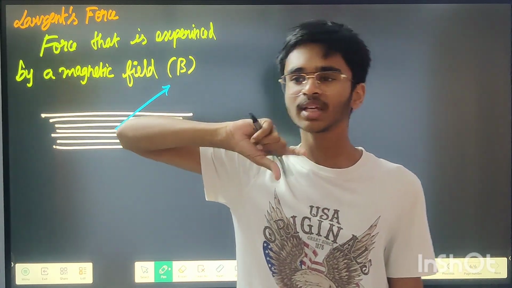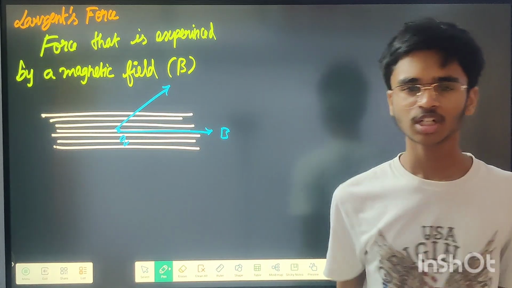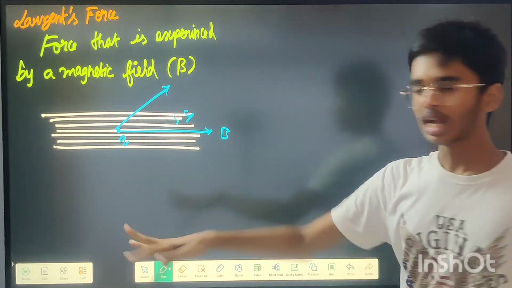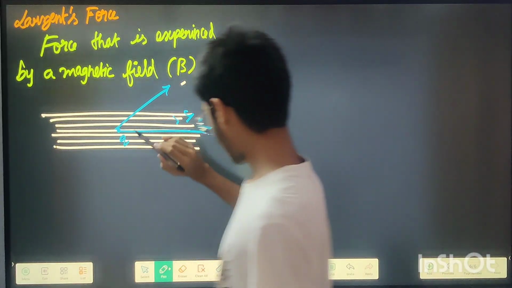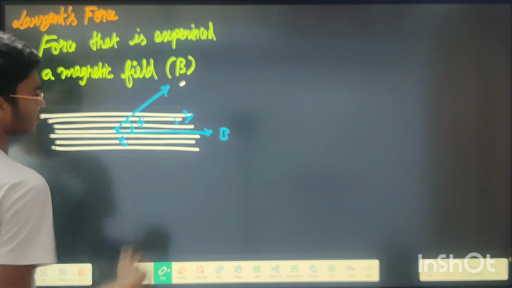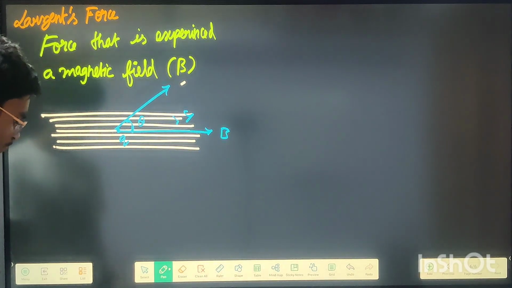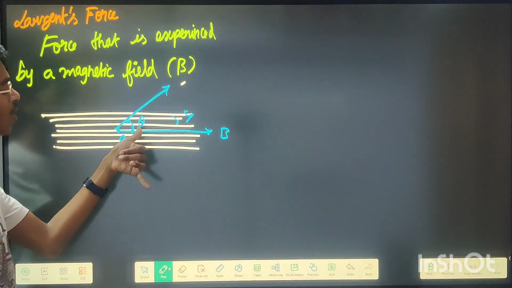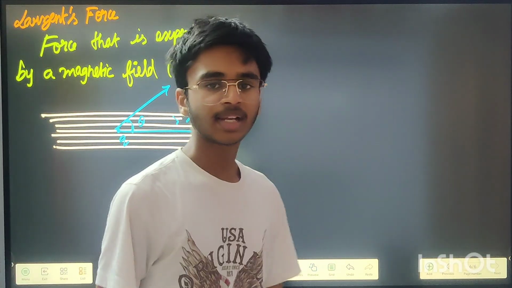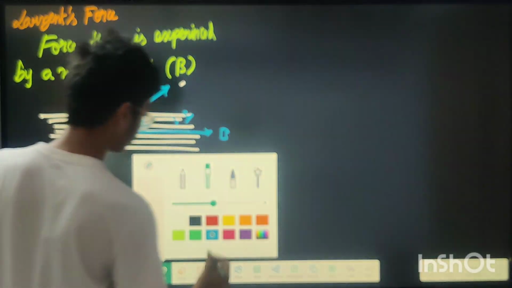Now this magnetic field is actually hitting this charged particle, then this is what the movement of the charged particle will be. It is not the deviation, it is just the angle of the propagation of this charged particle and the magnetic field.